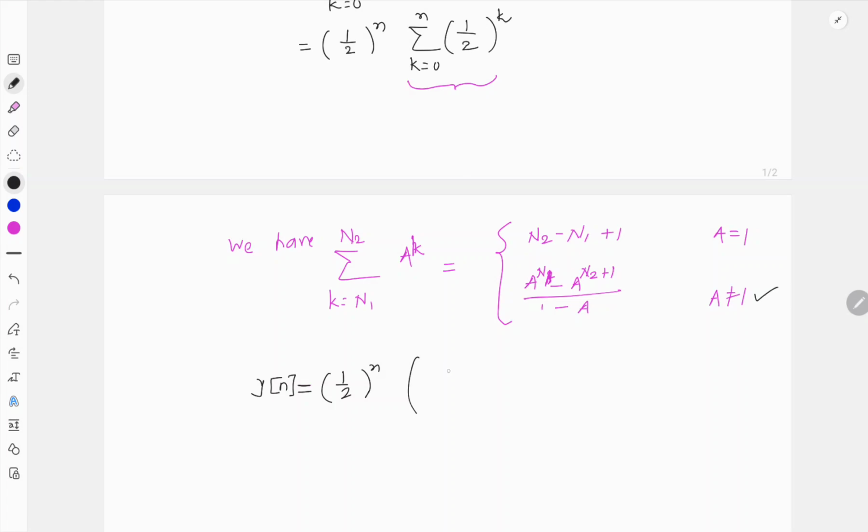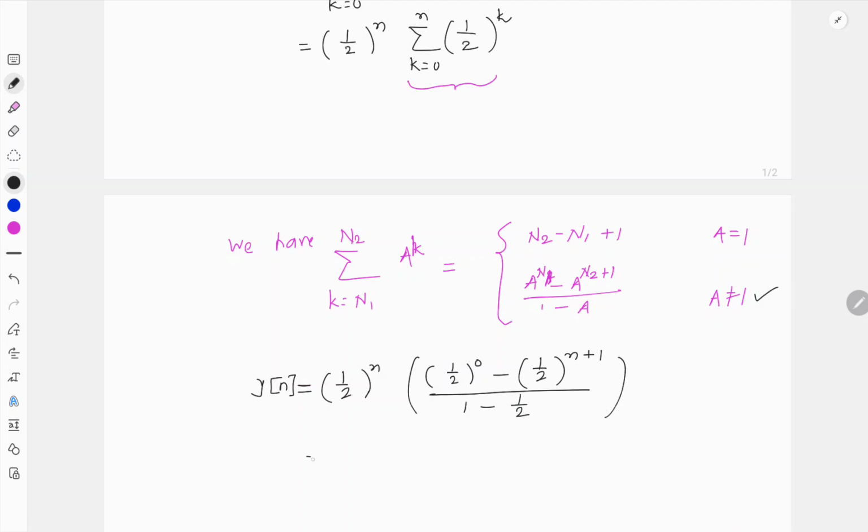So it becomes 1 by 2 raised to n1, which is 0, minus 1 by 2 raised to n2, which is n plus 1, divided by 1 minus a, which is 1 by 2.